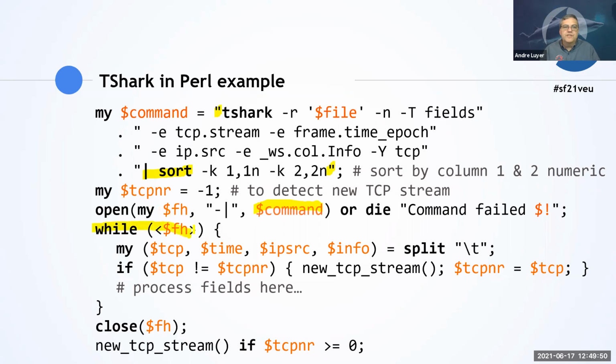And in your while loop, you can then read the output you just specified. That's the benefit of using these field options. And in Perl, you can give it a nice name to process it further. Yes, and you can recognize a new stream by a change of the first column, the TCP stream number, and you can then do some post processing or resetting counters for the next stream, etc.